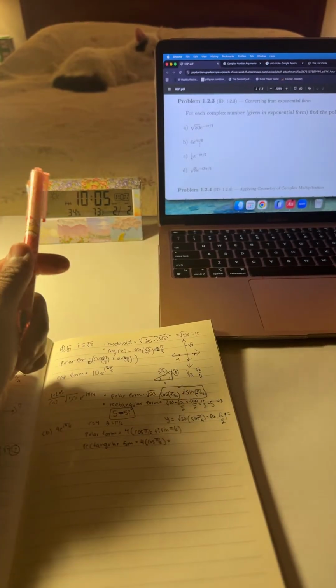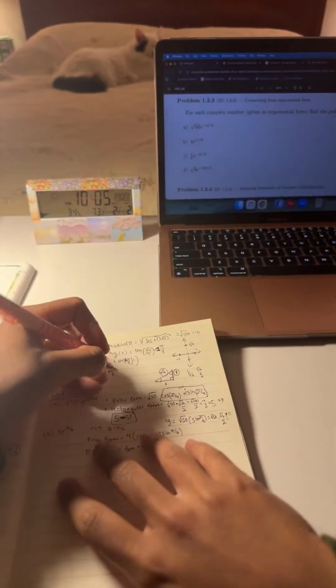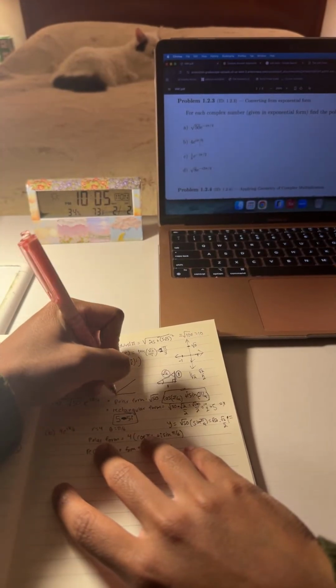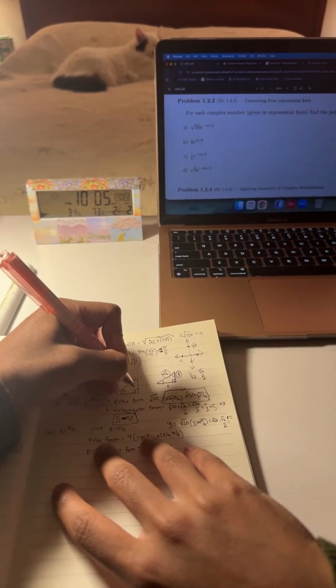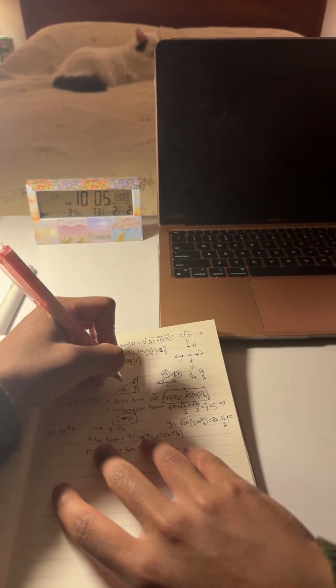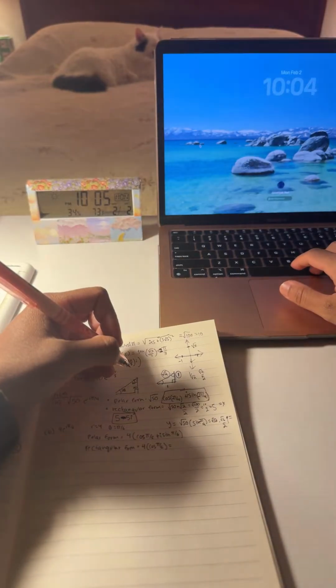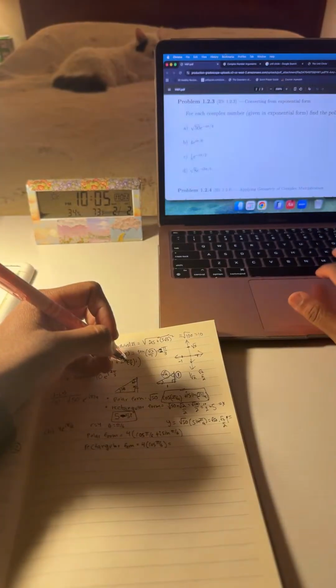Pi over 6 times 180 over pi is a 30-degree angle. So if we look at that reference triangle like this, where this is 30, 90, 60, 30, 60, 90.